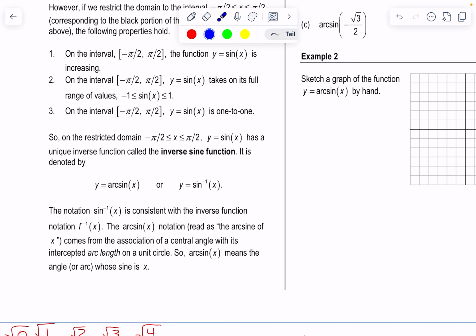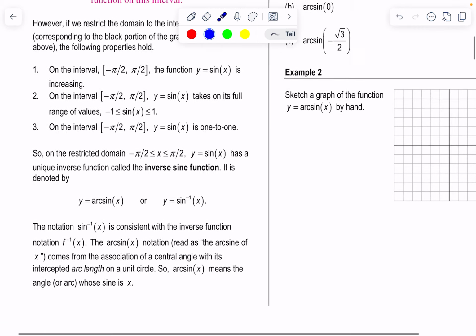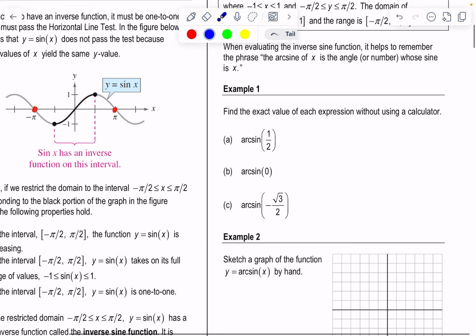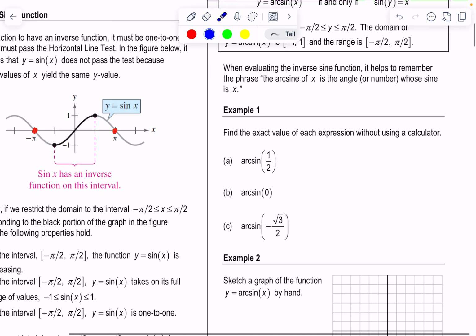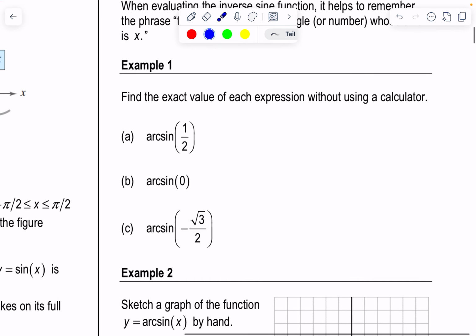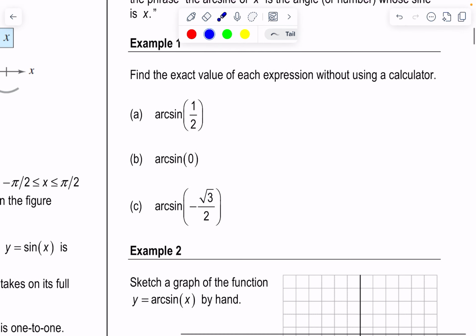Today's lesson is all about finding the inverse function with and without a calculator. We're going to try without the calculator first, of course, using the unit circle.